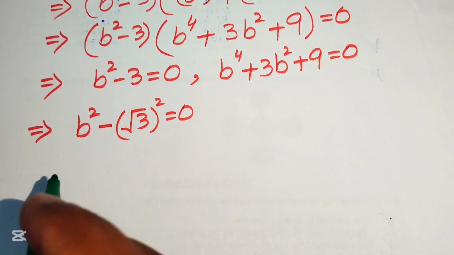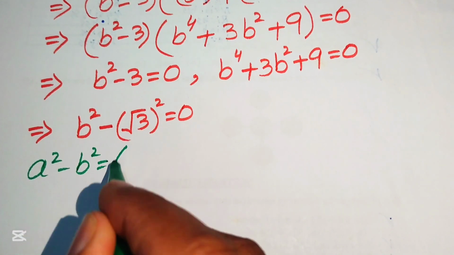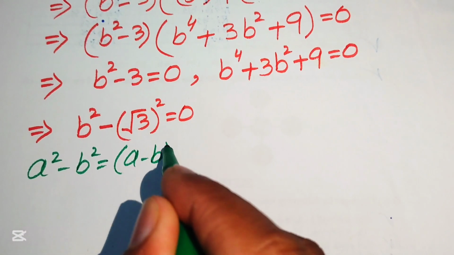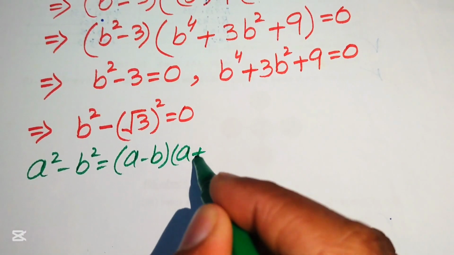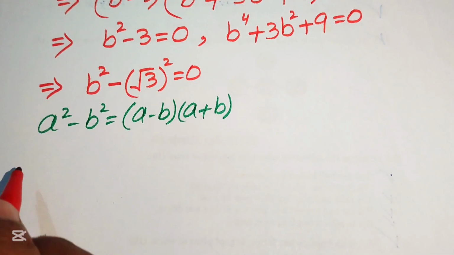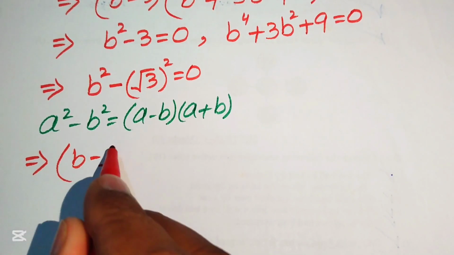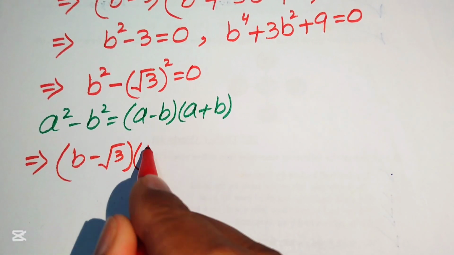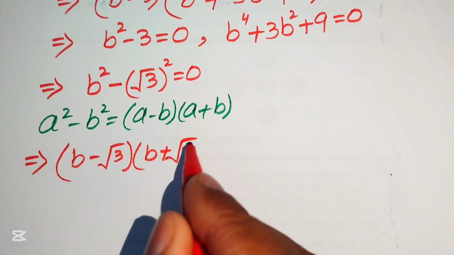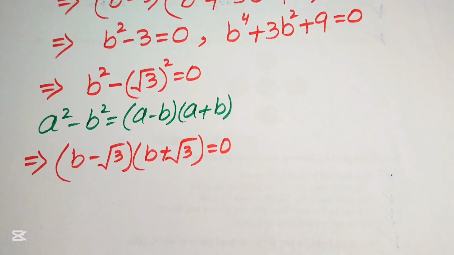You know that a square minus b square equals a minus b times a plus b. Here we apply this algebraic formula in the above term, so that our above term is written as b minus square root of 3 into b plus square root of 3, and this whole equals 0.